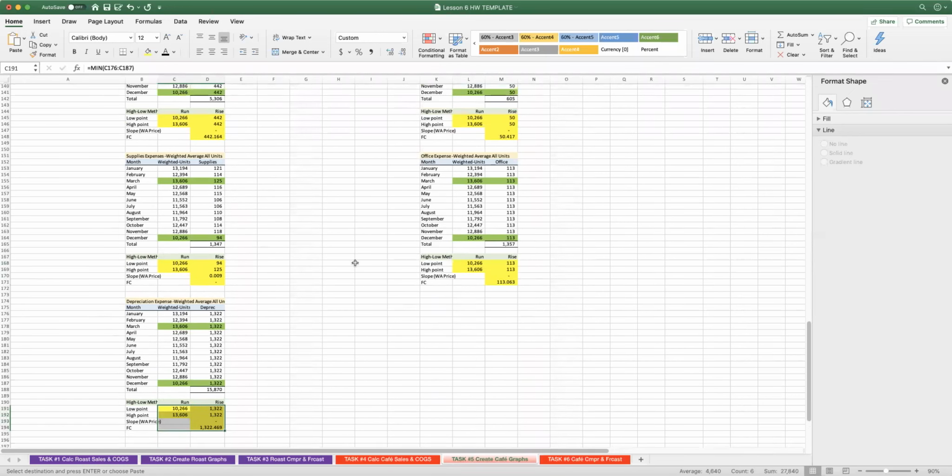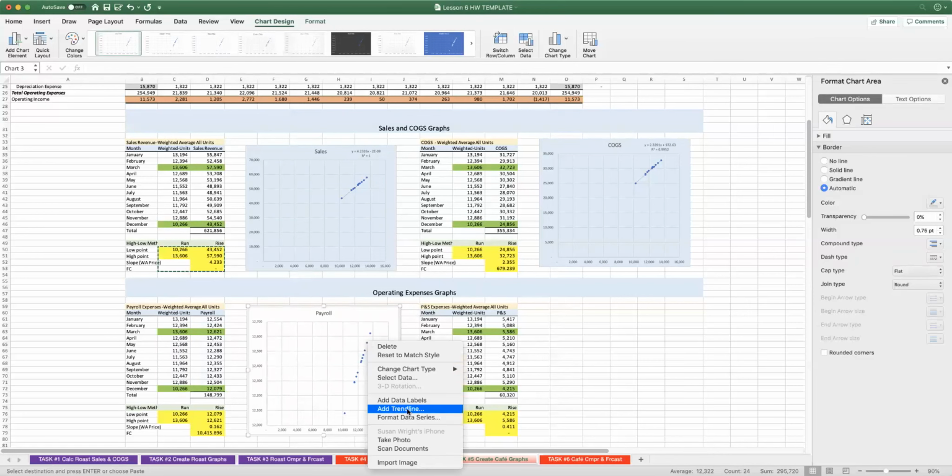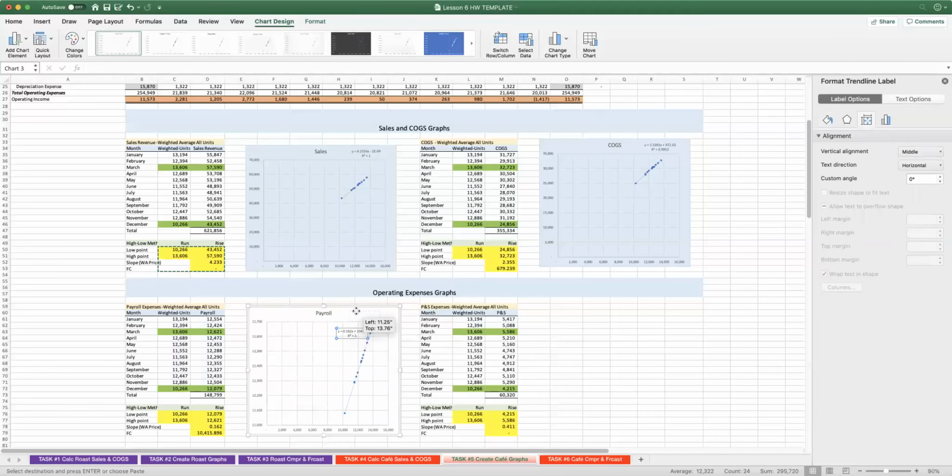Easy peasy. Copy the data points, insert, scatter graph, resize, clean it up. Right click on a dot, add trend line. Perfect linear, so notice the results are the same for the high-low.